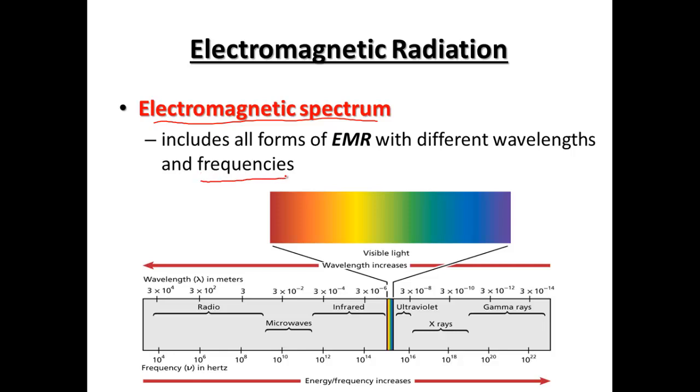Your chart only has the wavelength listed at the top. However, frequency is the number of waves per given moment of time, or per second. We start on this side with a very low frequency, and then as that number increases by powers of 10, we get to a very large frequency, meaning we have a lot of waves in a given moment, even though they're very small.